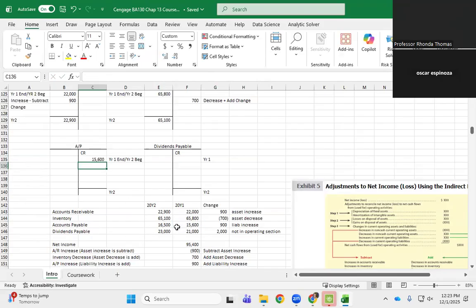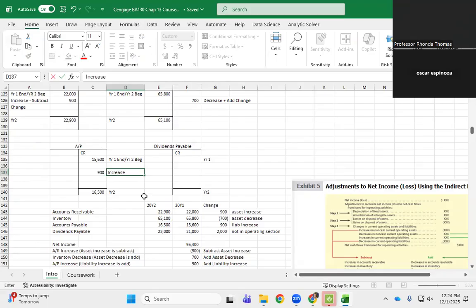And then we ended the year with a little more. Okay, so we had an increase of $900, and I'm going to put $900 in here. But because this is a liability, you just go with the direction it's going.